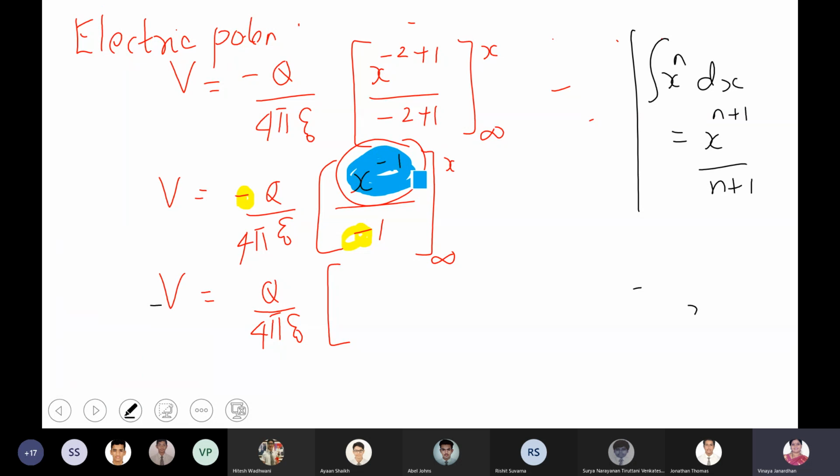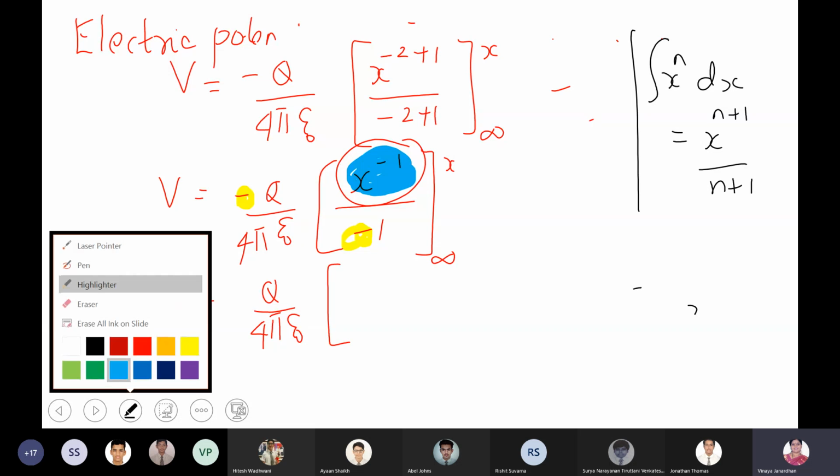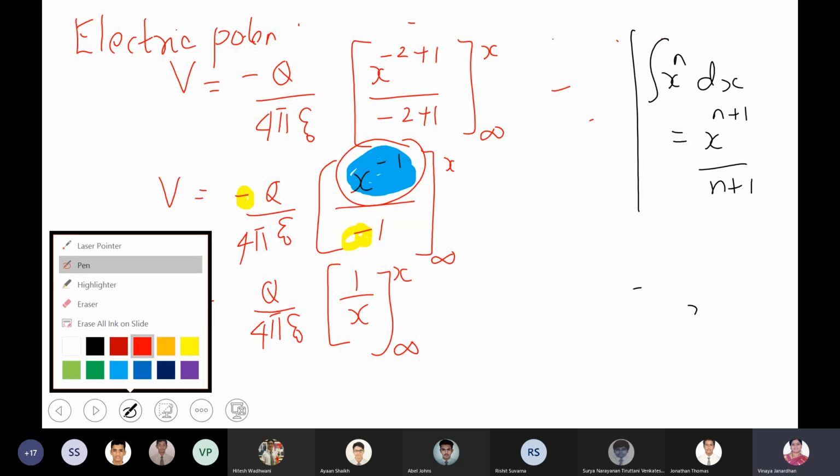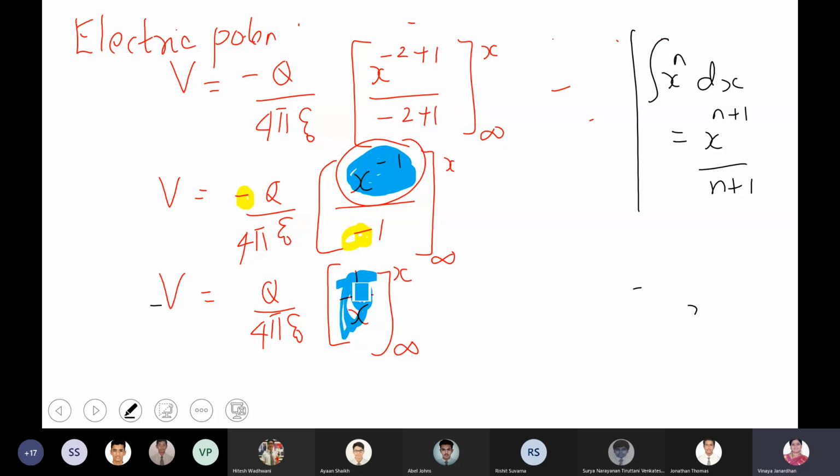I can write it as 1 by x, with limit infinity to x. Is that fine, boys? Yes, ma'am. Now I have to apply the limits. Upper limit comes first, lower limit comes next.